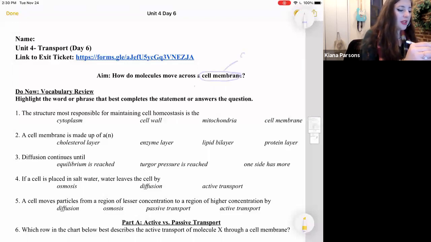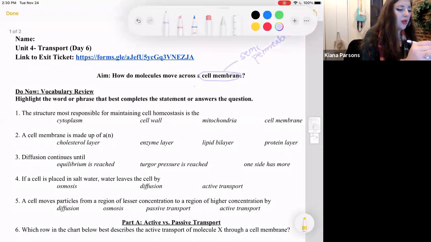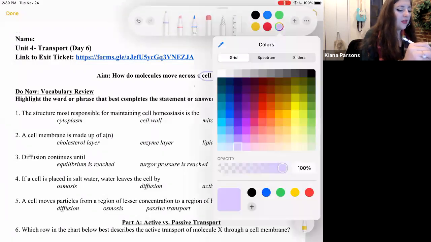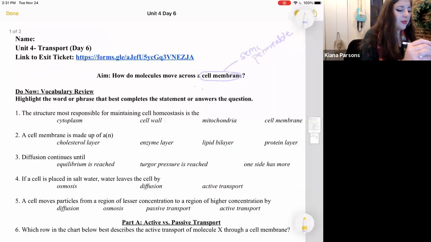And hopefully we remember that the cell membrane is semi-permeable. Right, it has selective permeability due to its phospholipid bilayer structure.